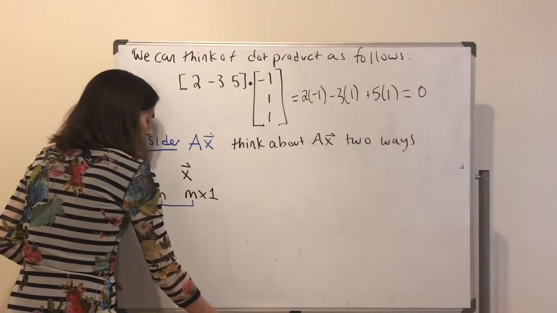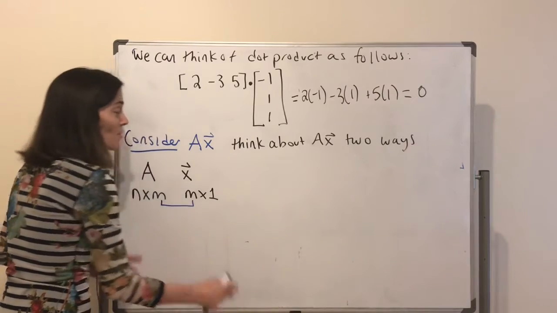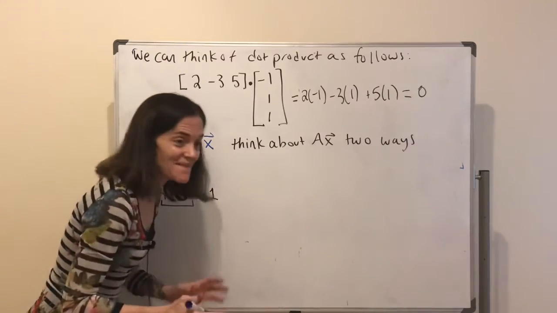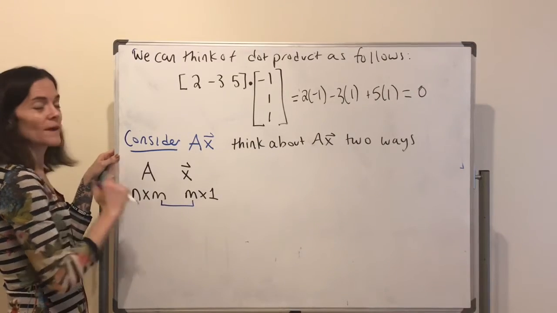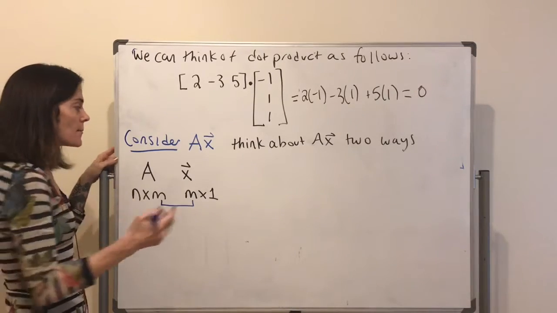Now, what's the row picture, or this first way of thinking about A times x? Well, how many rows do we have? We have n of them.